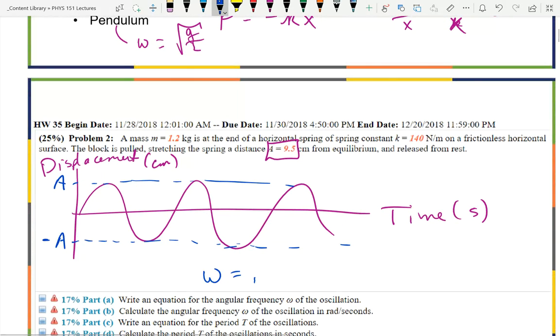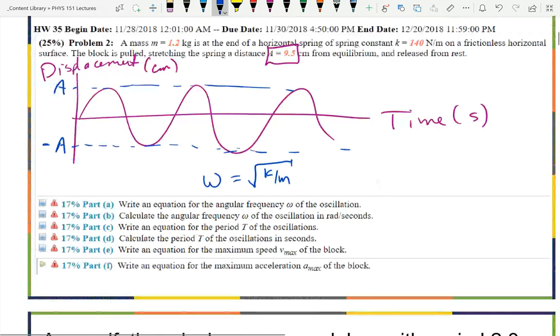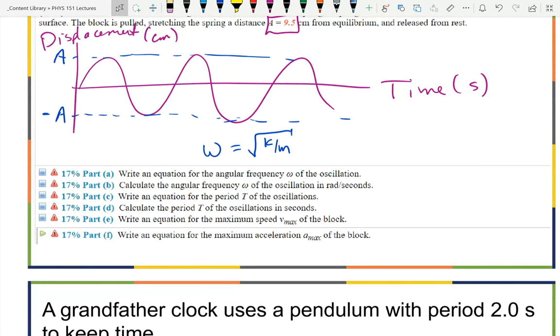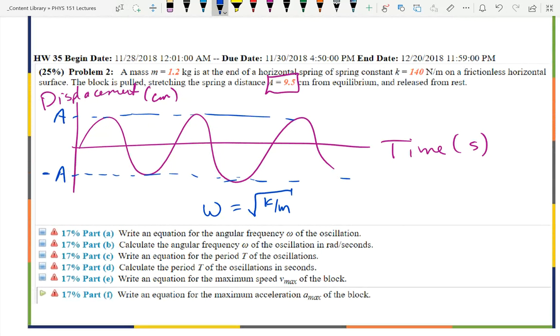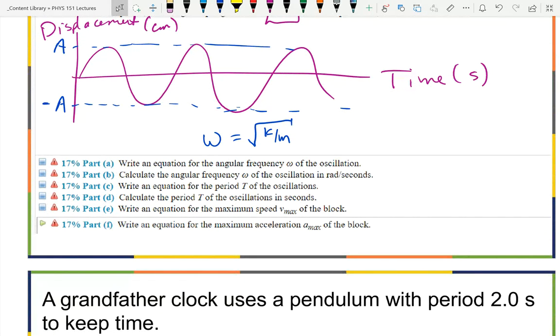And don't forget the square root, David. Yes, I know, but it's not what you did earlier. So that was not hard at all. What is K? K is given. What is M? M is given. And so then you calculate by putting the numbers in.